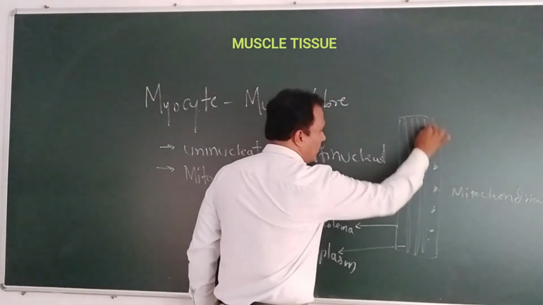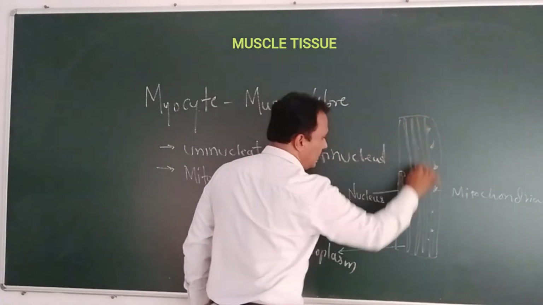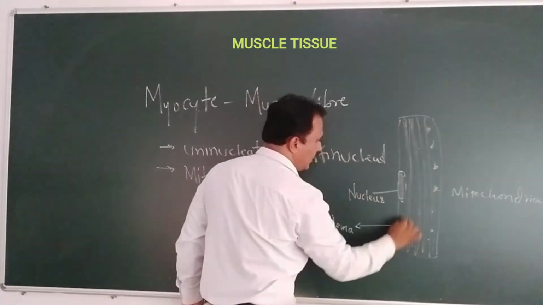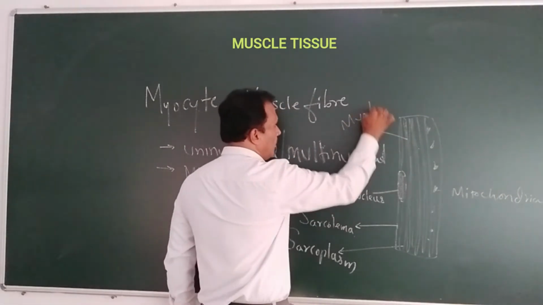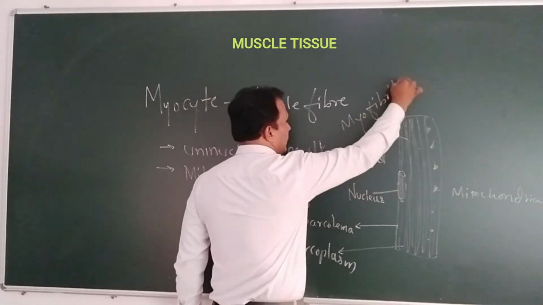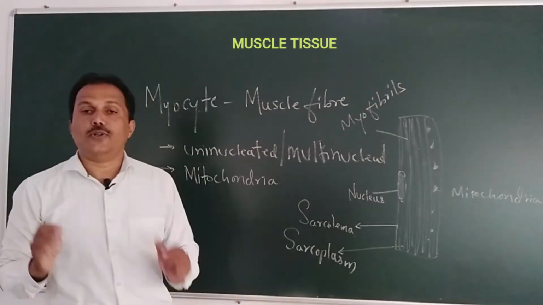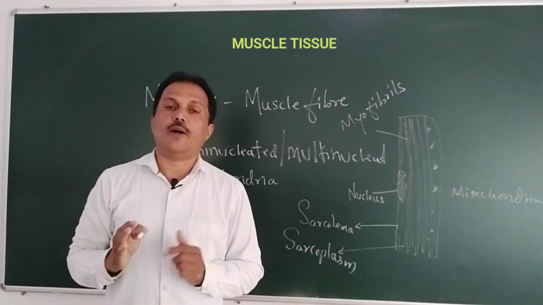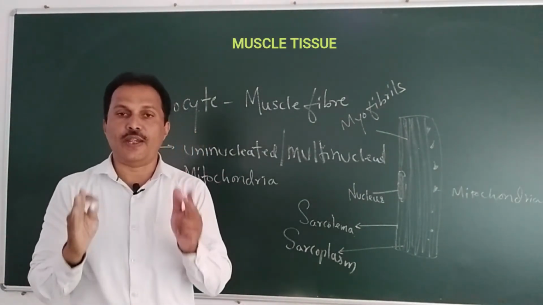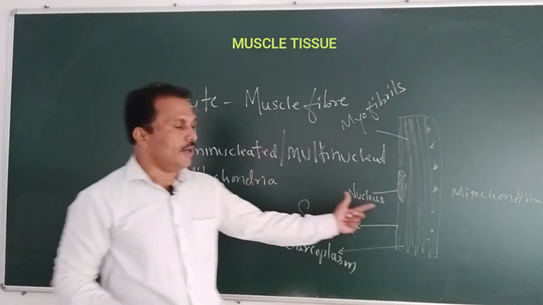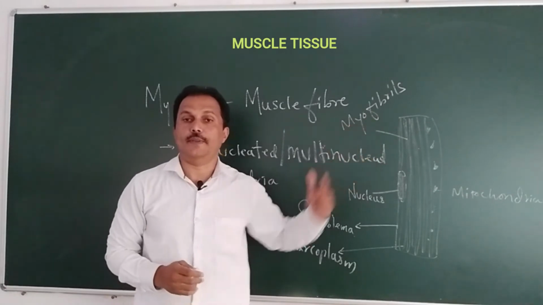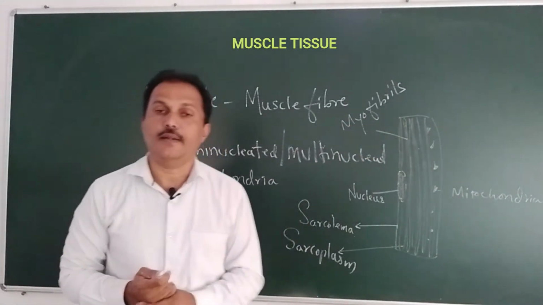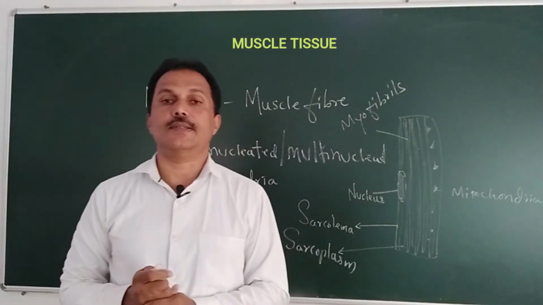The cytoplasm, or sarcoplasm, of the muscle fiber is filled with bundles of myofibrils.